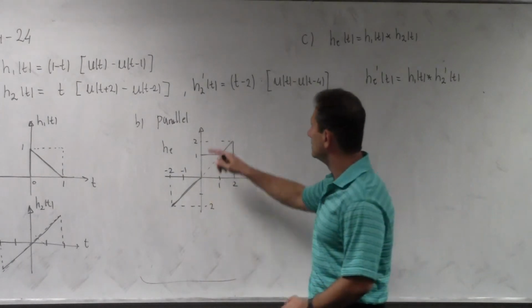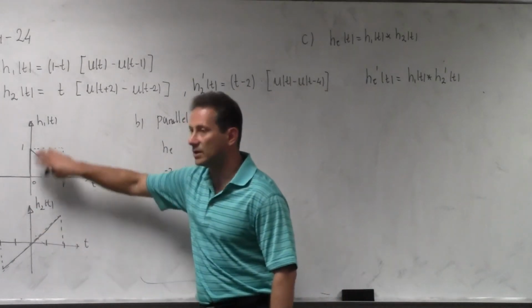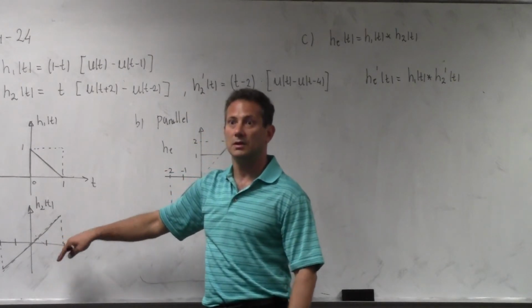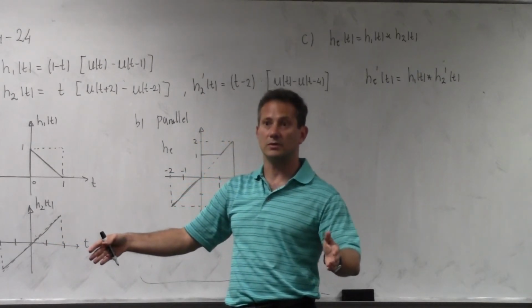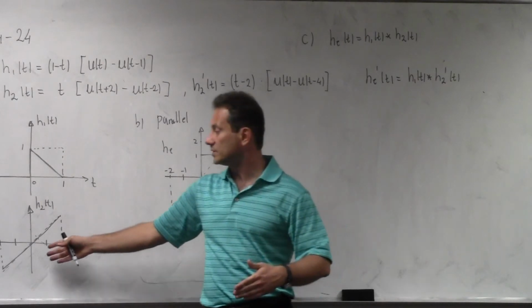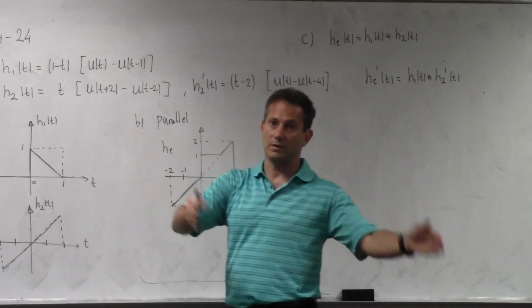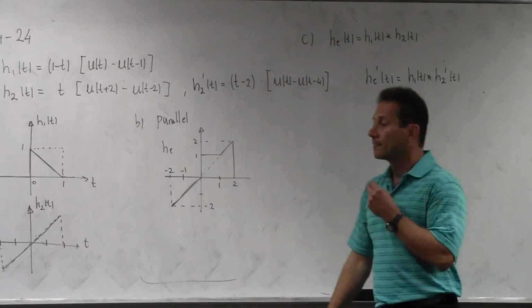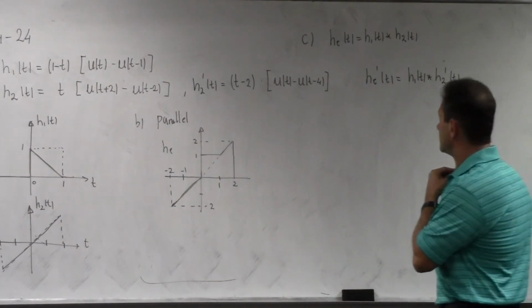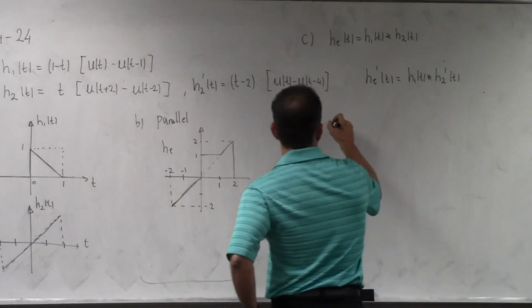Because I delayed this one so everything is causal, I'm going to calculate the response of the causal system. And then because this one starts 2 units before, I'm going to advance everything by 2. So now that I have this listed, let's substitute.